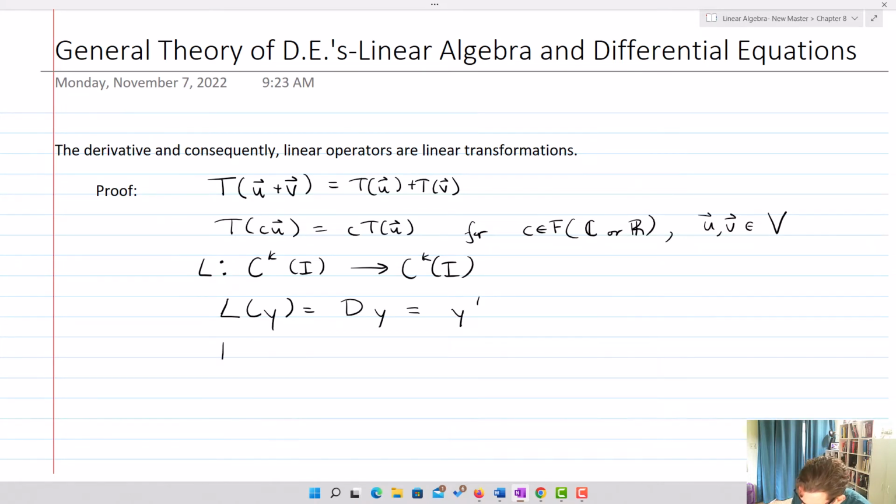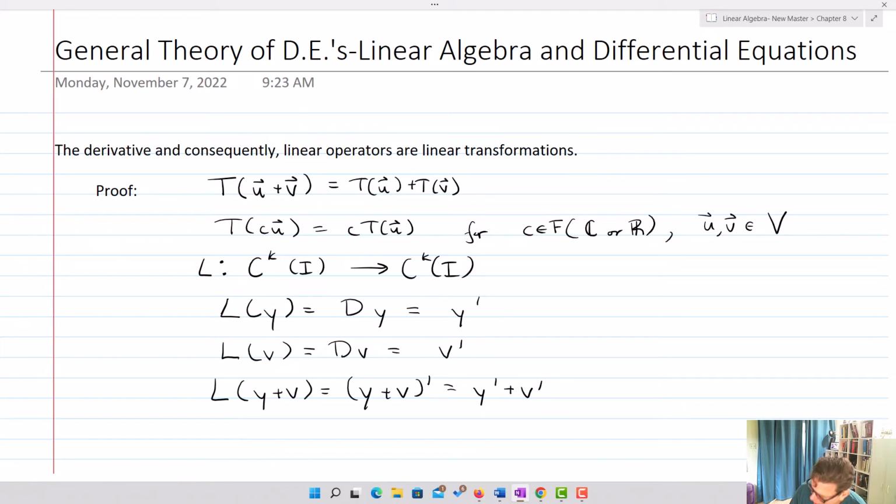If we take another function v, then Lv, or dv, is just going to equal v prime. If I take L of y plus v, just defining it as the derivative, this is going to equal (y plus v) prime. But if you remember your rules about derivatives from calculus, this is just equal to y prime plus v prime, and that thus is going to equal L of y plus L of v.